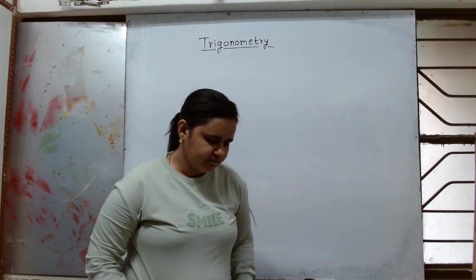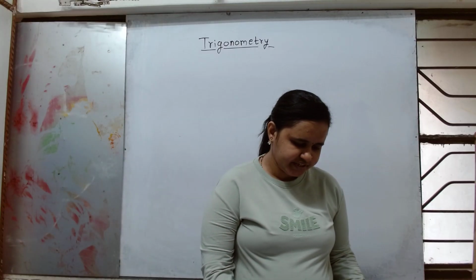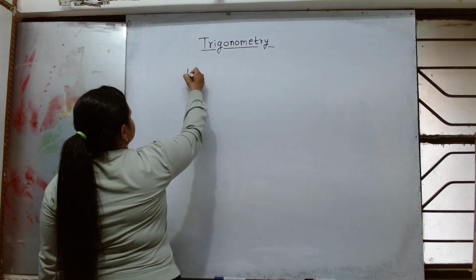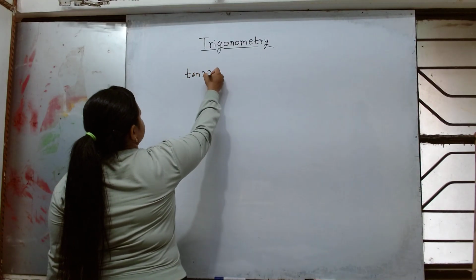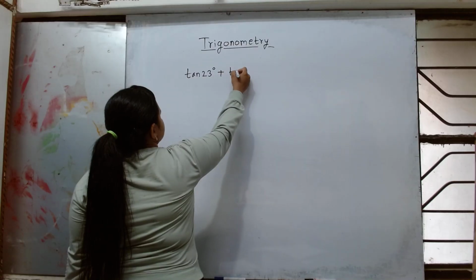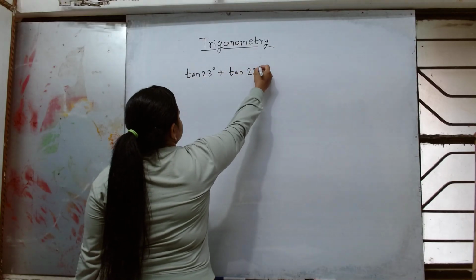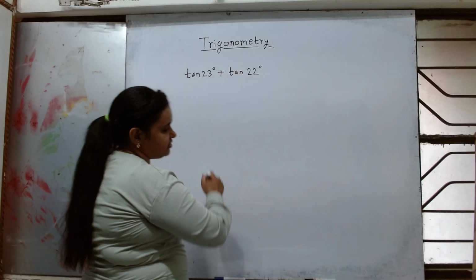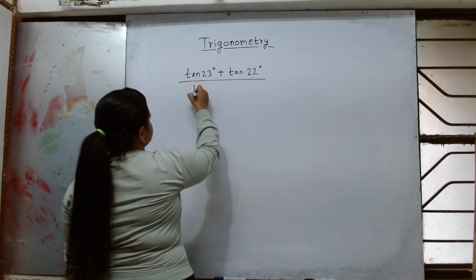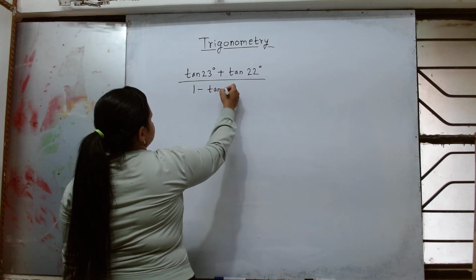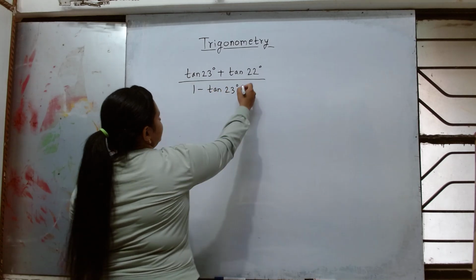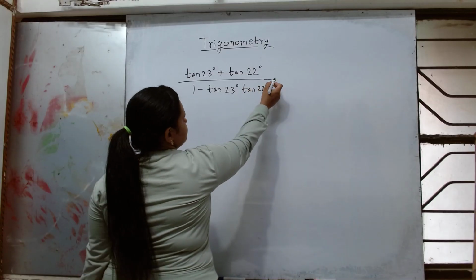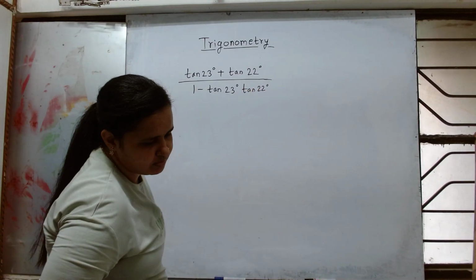Now seventh one, tan 23 degree plus tan 22 degree upon 1 minus tan 23 and tan 22.